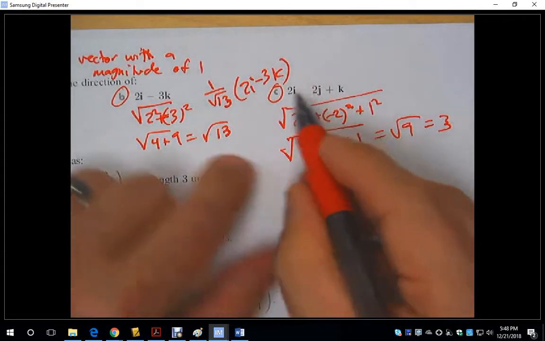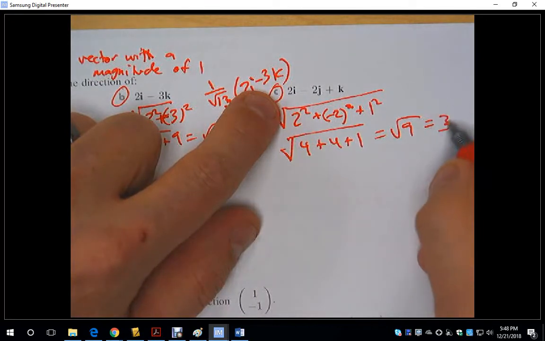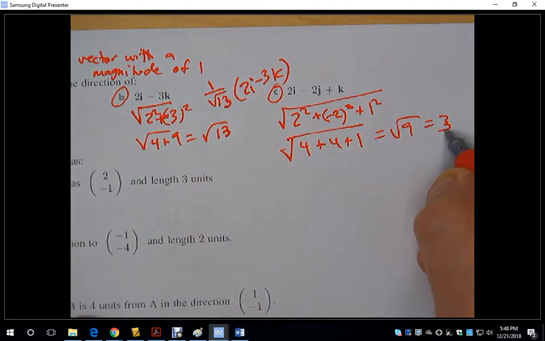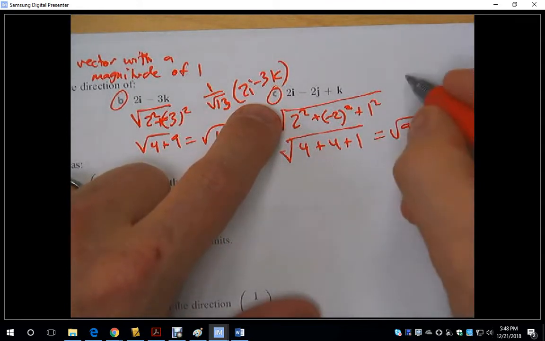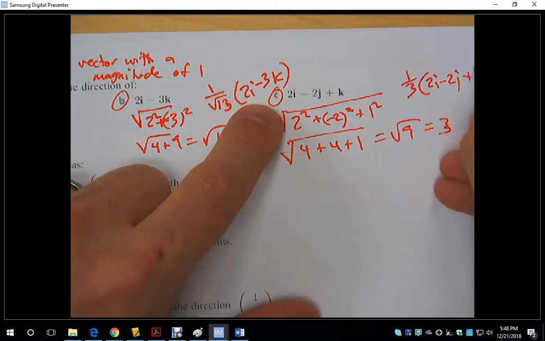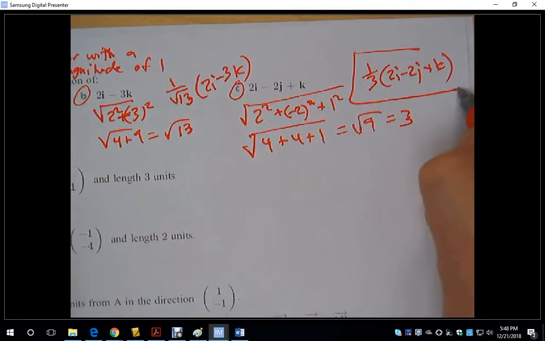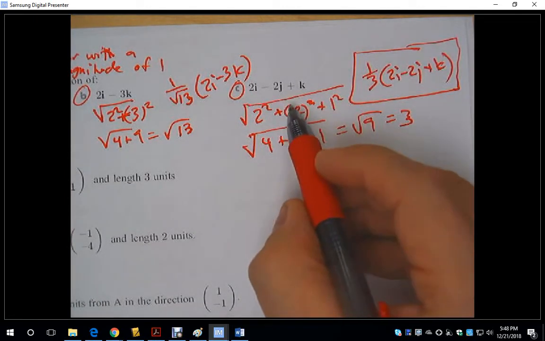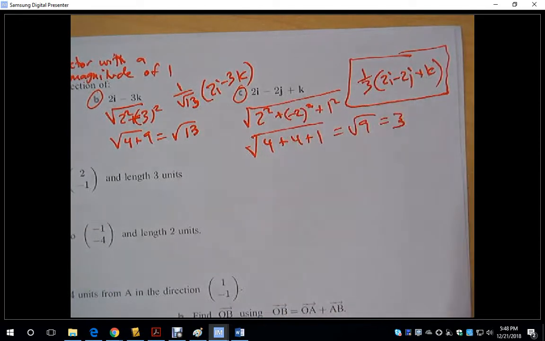So this vector has a magnitude of 3. I'm going to multiply by 1/3. So I have 1/3 times this vector 2i minus 2j plus k. This is my vector going in the same direction, a unit vector with a magnitude of 1.